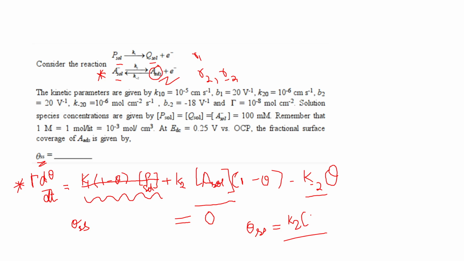Yeah, don't forget the solution term. A solution is also here at the top. Don't forget it, because these values are small and all have a 10 to the power minus some power. If you forget any of those, your answer will be totally wrong. So this will be K2 DC because it's at steady state, K2 DC.